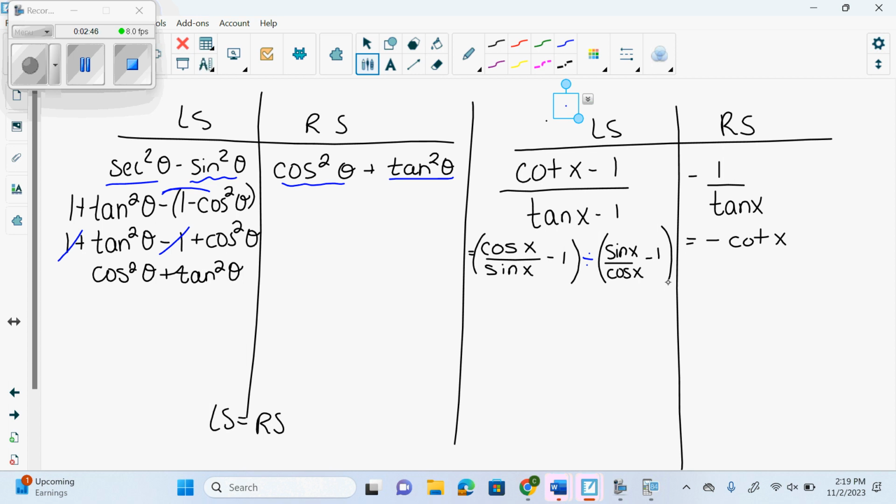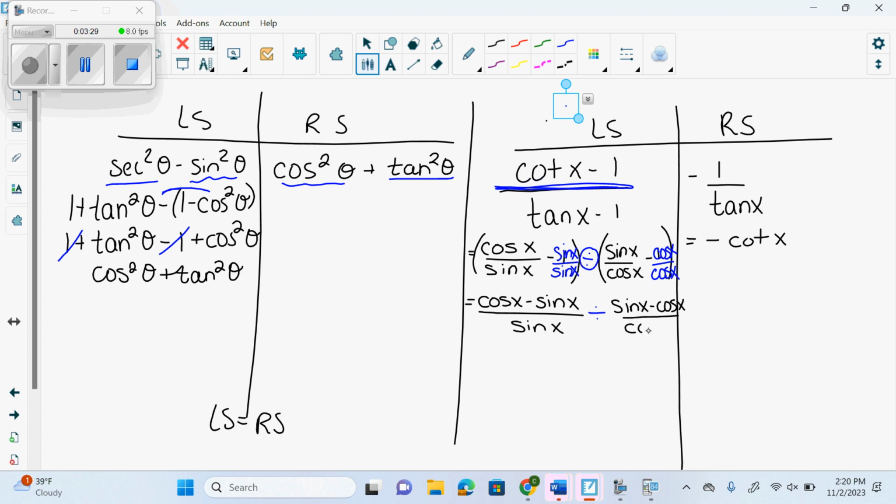So I can change this 1 to sine x over sine x, and I can change this 1 to cos x over cos x. This is the division that I have right here. And then I get cos x minus sine x all over sine x, divided by sine x minus cos x over cos x.